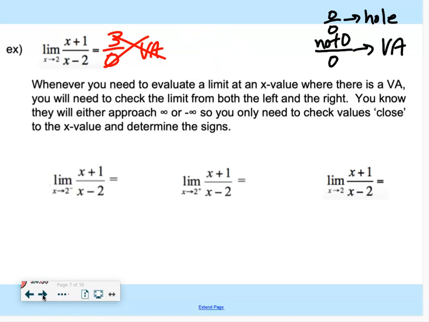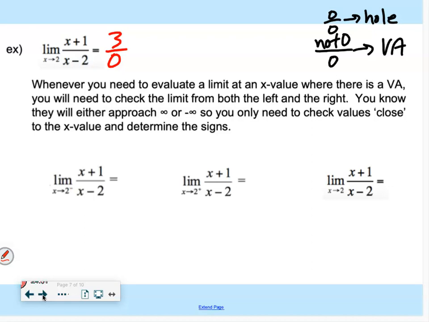Now, because I crossed it off, I would have been given full credit because the College Board will never grade crossed off work. They consider it the same as if it's erased. But if I ever left this up there, I would have lost my credit because the limit isn't 3 over 0.